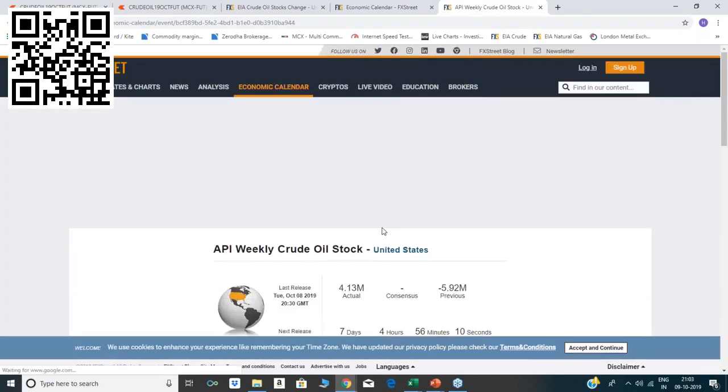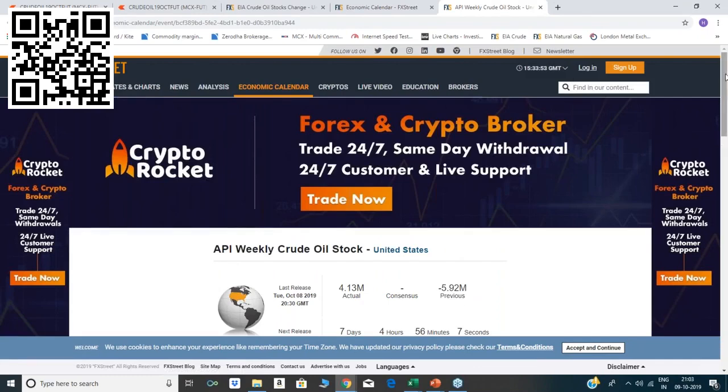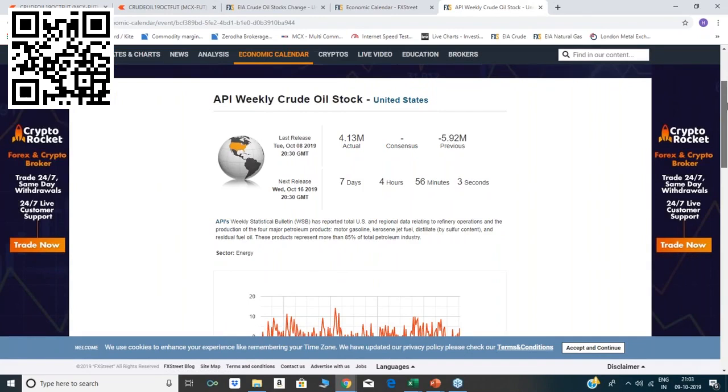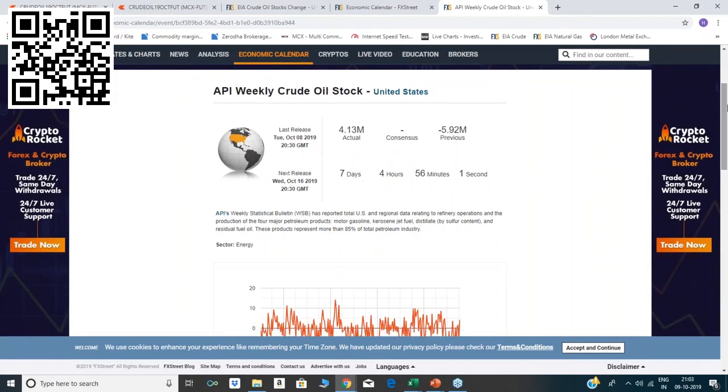Can you see this API data? I'll forward you the link for this also, and you can see the API data every Tuesday. What was the previous, what is the forecast, and what is the actual? Can you see the API data which we got yesterday? What was the previous API data?